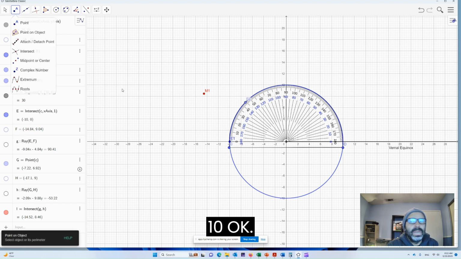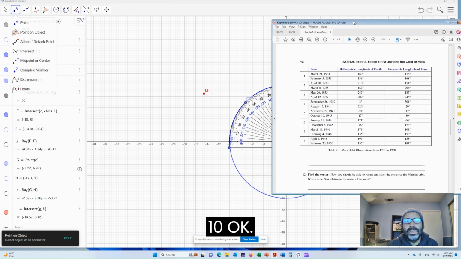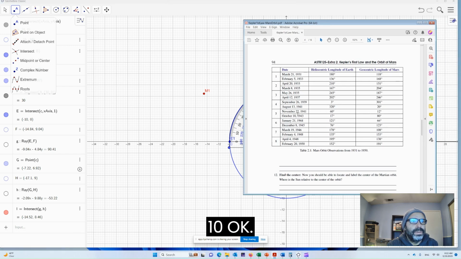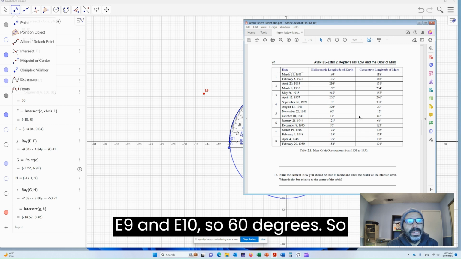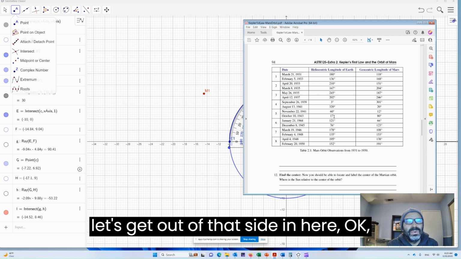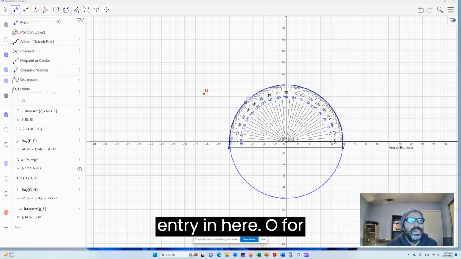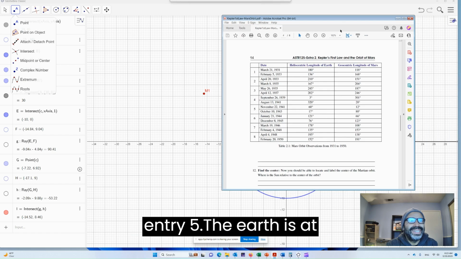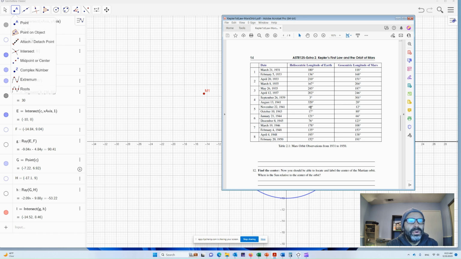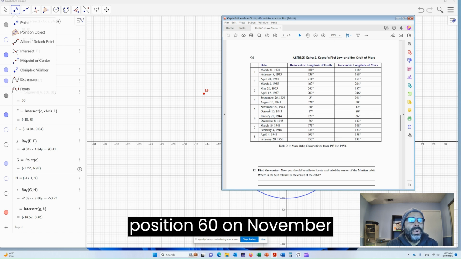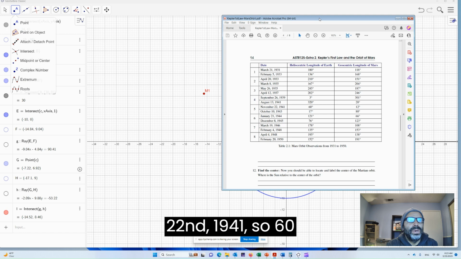By the way, you might be thinking, okay, to avoid this issue in here, let me pick another date. Pick entry 5, which would be E9 and E10, and 60 degrees. Let's get out of that side in here, because we are too close to the other entry. So for entry 5, the Earth is at position 60 degrees on November 22nd, 1941.